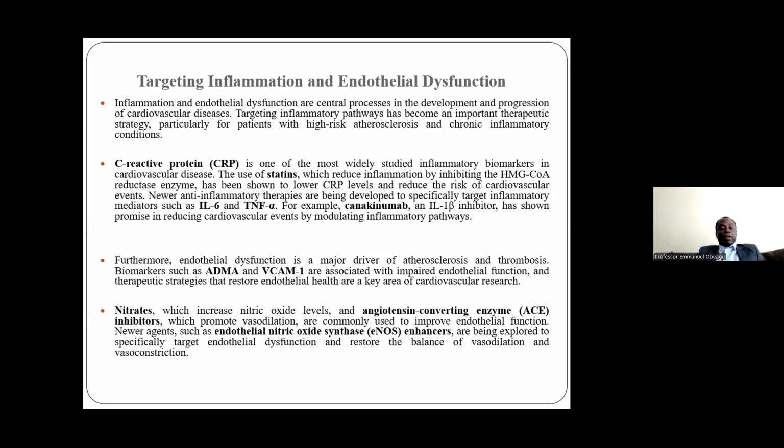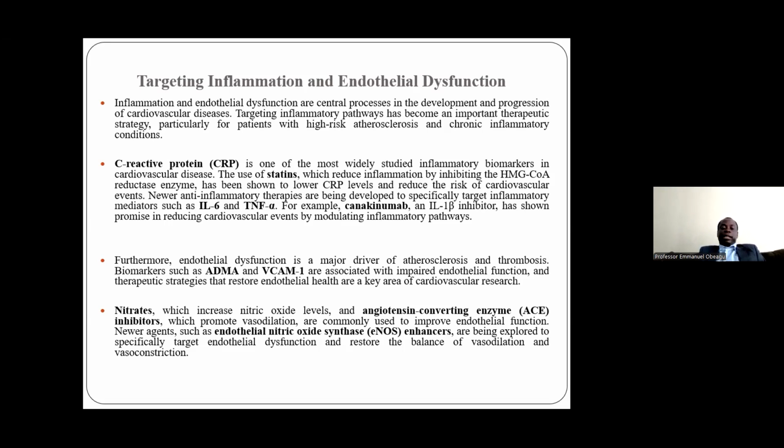So, targeting inflammation and the endothelial system. Remember, I told you that inflammation is critical, is central in cardiovascular disease. And I've mentioned some biomarkers that you need to check, particularly C-reactive protein, interleukin-6, tumor necrosis factor alpha, canakinumab and interleukin-1 beta inhibitors, of course, and then ICAM-1, VCAM-1, and so many other biomarkers that you need to consider, and then target this inflammation, regulate it, checkmate it.